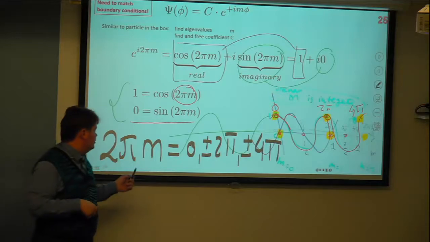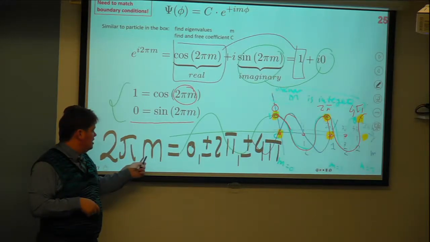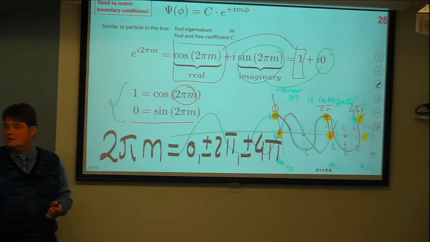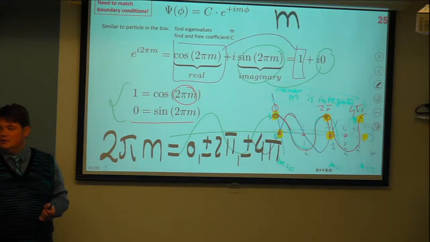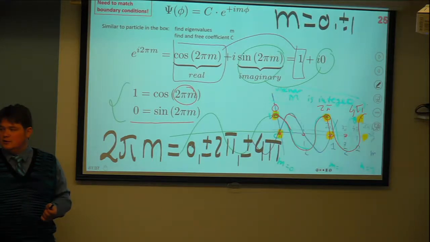Just to match these equations. So we can cancel 2 pi on the left and right and get the answer that m is equal 0, plus minus 1, plus minus 2, and so forth.